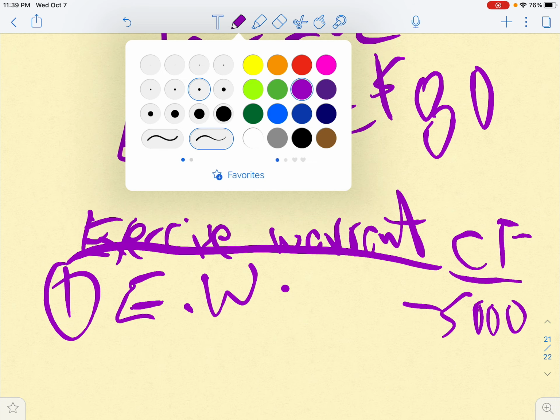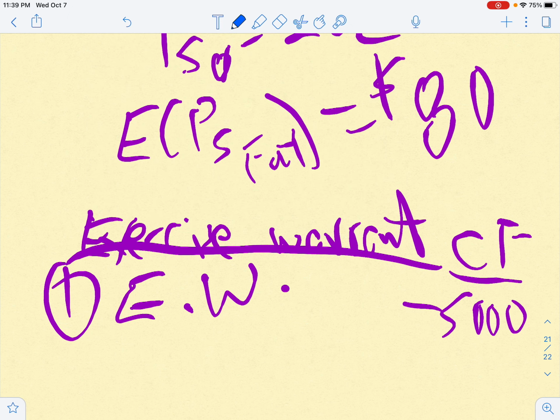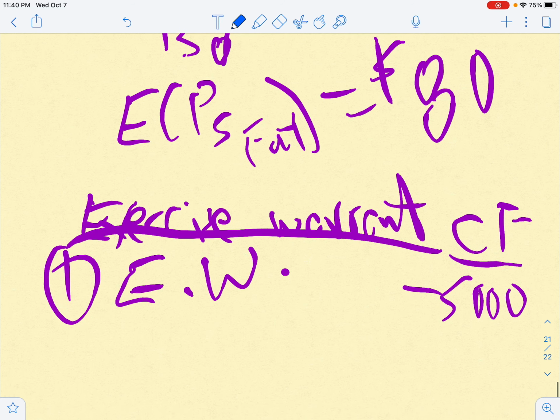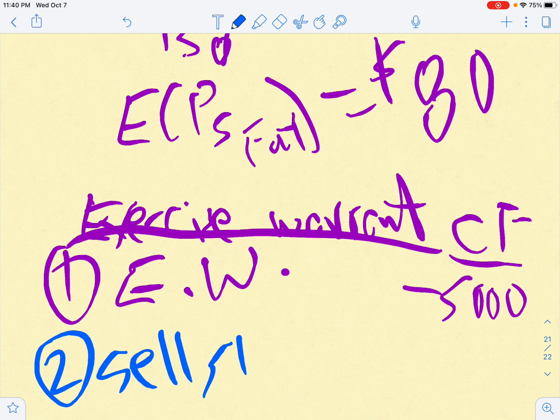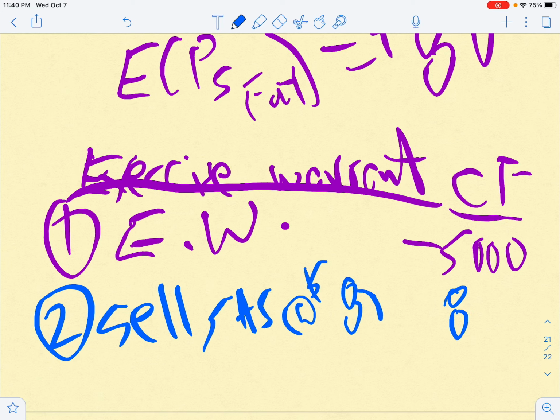And then if they do this, they'll own 100 shares. And so the second thing they can do is sell the shares at $80. So 100 shares at $80 each is $8,000.